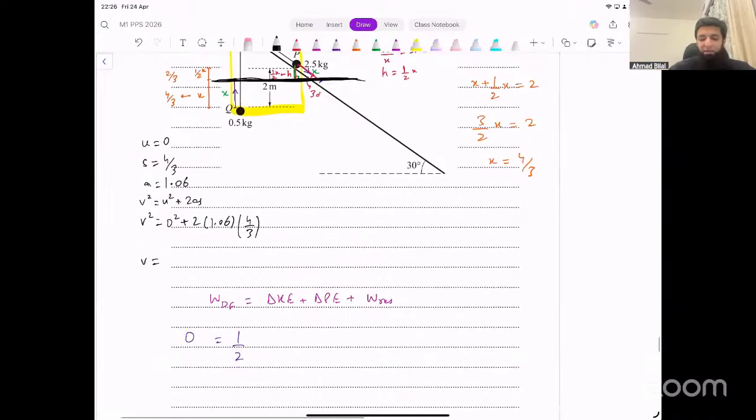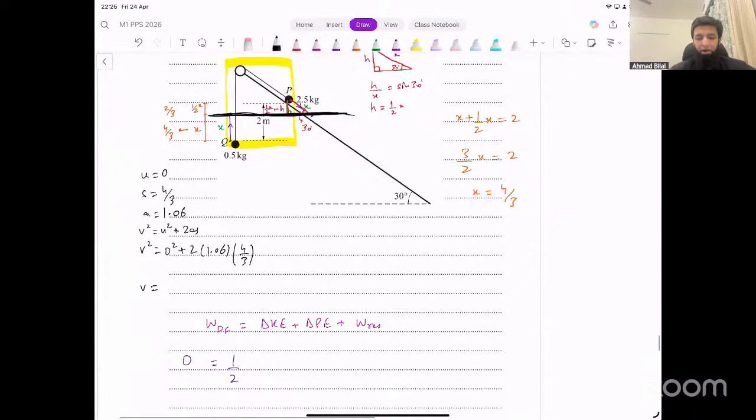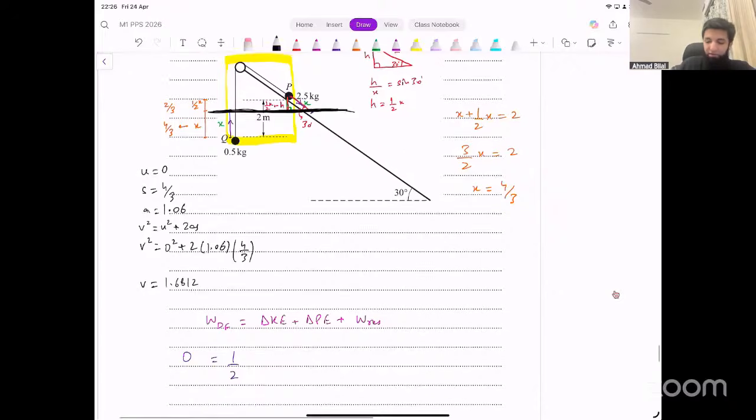This will be the final speed of the particles until they reach that point where the heights are the same. V is 1.6812. That's the value for V.